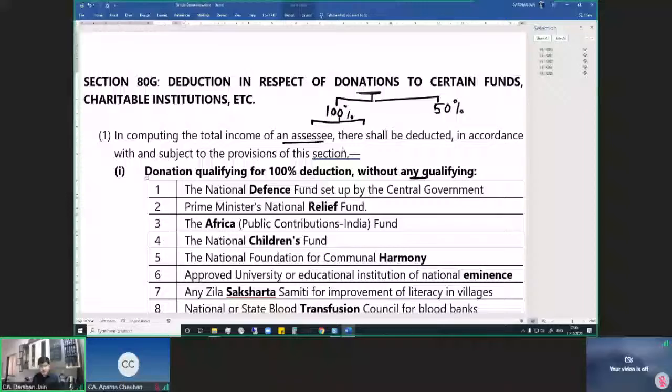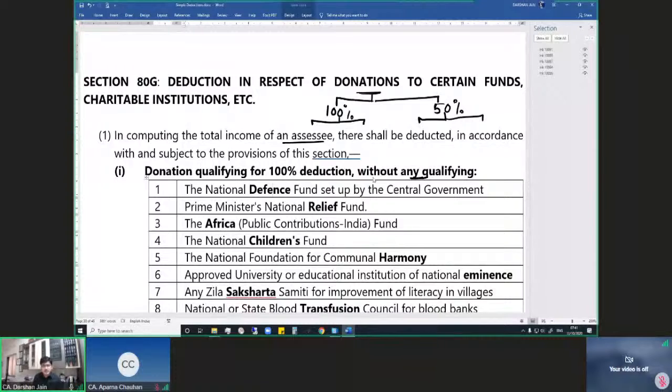Now what is that specific range? We'll come to it in a short while. But then understand that there are four sets of deduction under this. One, you claim 100% deduction without any qualifying amount or with a qualifying amount. Similarly, you give a donation, claim 50% of it as deductible without any qualifying amount, or with a qualifying amount.